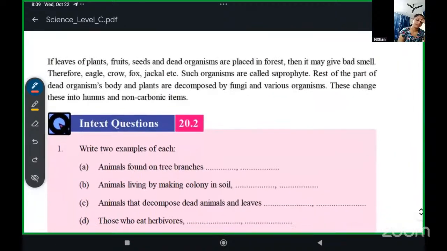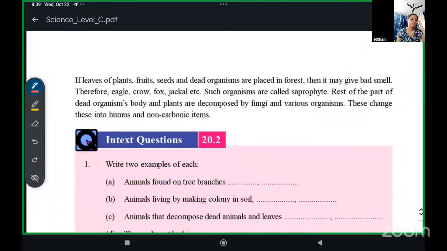Now, if leaves of plants, fruits, seeds, and dead organisms are left in the forest, it may give a bad smell. Therefore, eagle, crow, fox, jackal, etc. are known as saprophytes. Saprophytes gain their nutrition from the dead and decaying remains of animals.